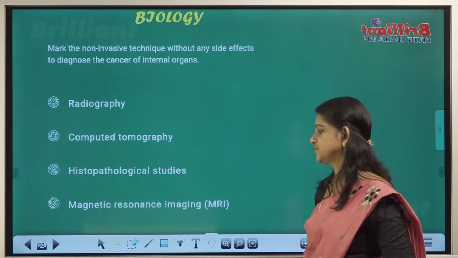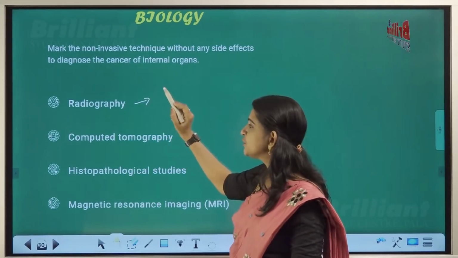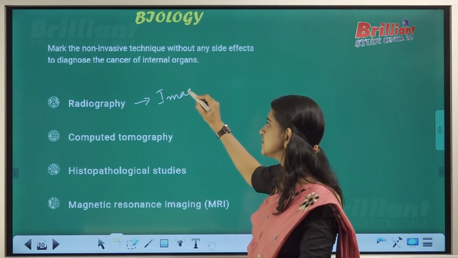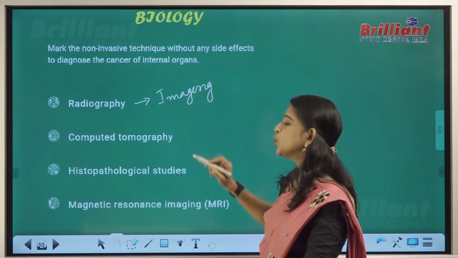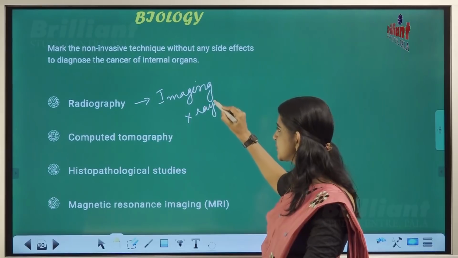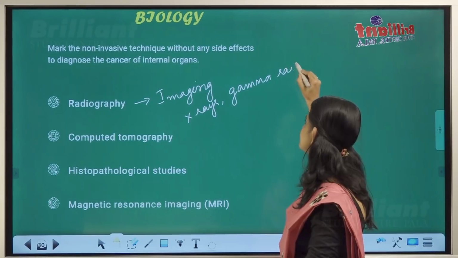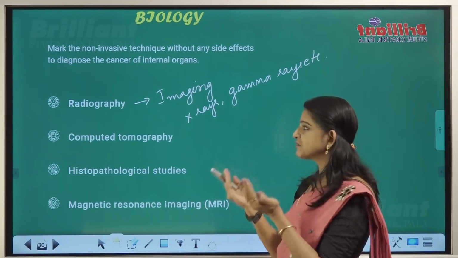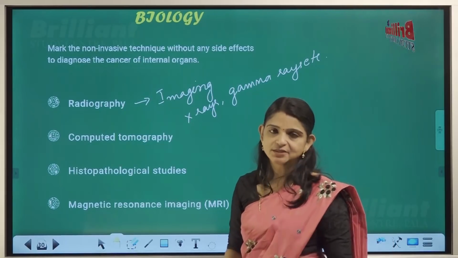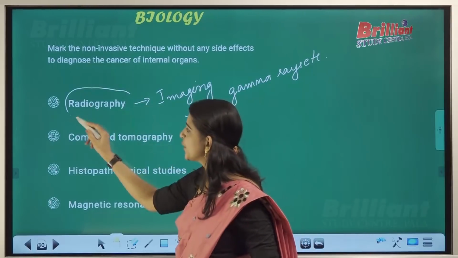Let's look into the options first. First one, radiography. You know that we can tell it is an imaging technique. Radiography is an imaging technique which uses ionizing radiations like X-rays, gamma rays, etc. In general, all these imaging techniques like X-ray, CT scan, ultrasound scan, MRI, etc. come under the category of radiography.